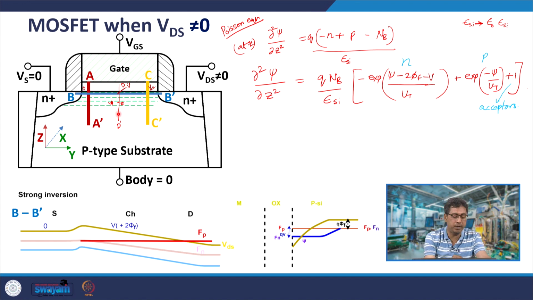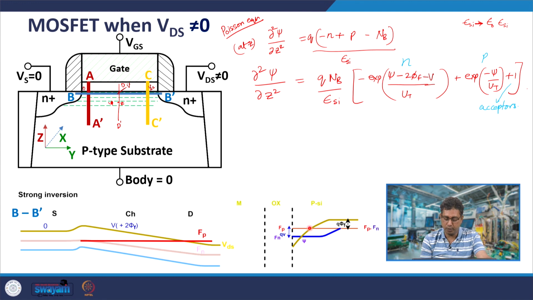As you move from d prime to d, the electron concentration reduces by a factor e to the power chi minus V by ut, whereas the hole concentration reduces by a factor e to the power minus chi by ut. So, here you have this subtraction of minus V also, which is minus QV. That is because the electron quasi-Fermi level has also moved down by QV, as we had discussed earlier. So, that is why this minus V term also appears here.